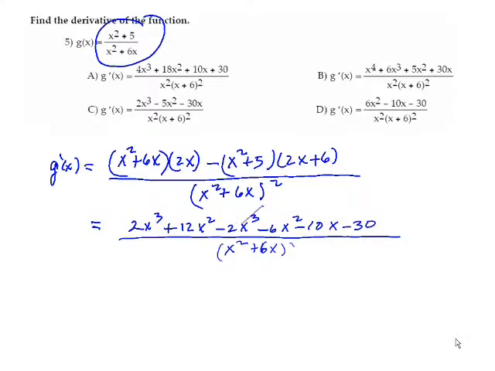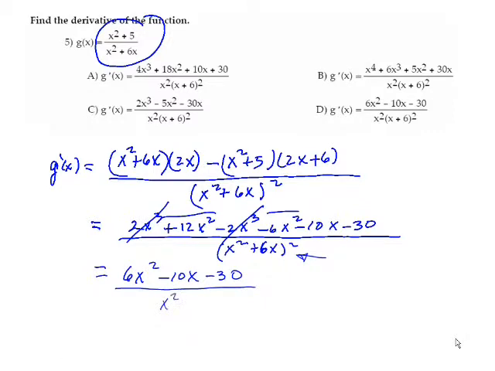And after simplification, you're going to get 6x squared minus 10x minus 30. Notice that the denominator can be written as x squared times x plus 6 squared. And that turns out to be answer D.